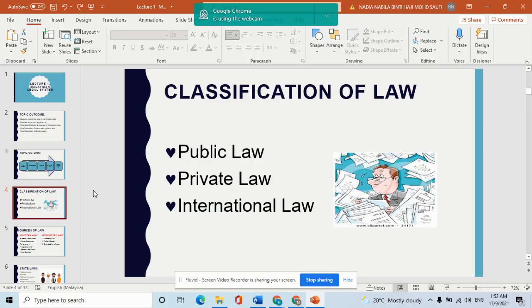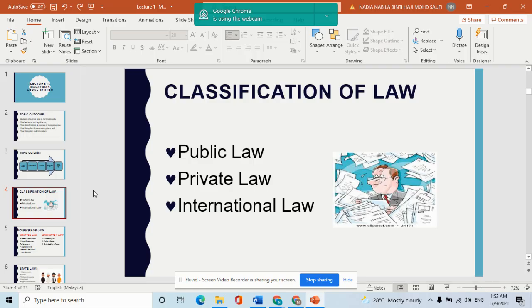But private law is laws that govern private individuals. As an example, myself and my neighbor, those are two private individuals. However, for public law, as an example, myself being in the neighborhood of my house, me being in Shah Alam, the Shah Alam society, that is public law.